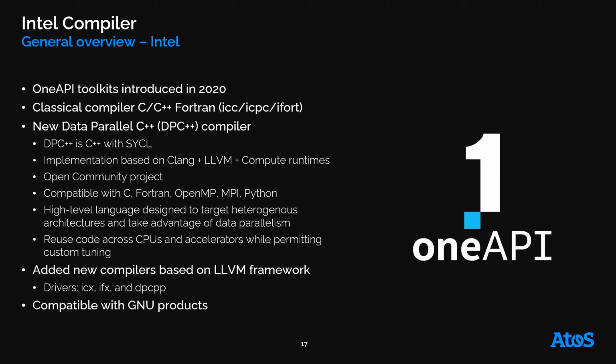So what Intel recommends is that for C and C++, it's already now usually faster to use the new compilers, so ICX and ICPX. That is already faster than the classic compilers.